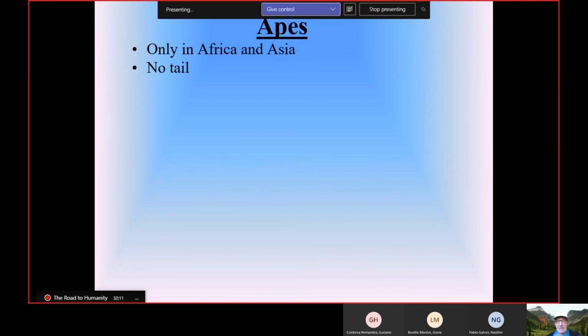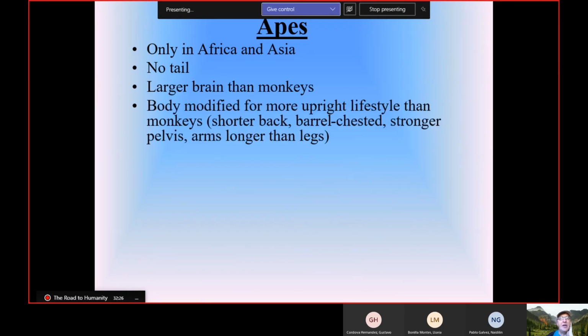One way you can always recognize an ape as different from a monkey is that it does not have a tail. Monkeys always have tails. Sometimes they can use them as a fifth hand, sometimes they can't, but apes never have tails. Their brain is bigger and their body is bigger. And generally, their body has been modified to stand up occasionally.